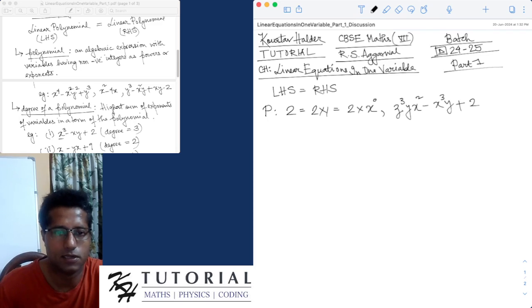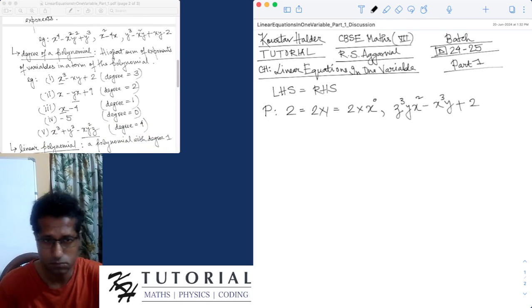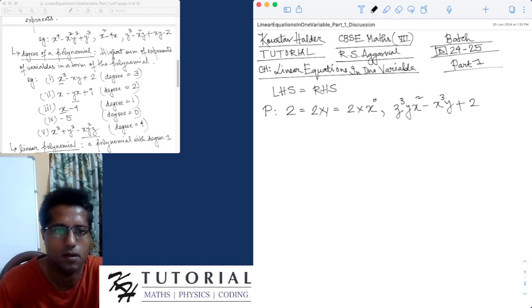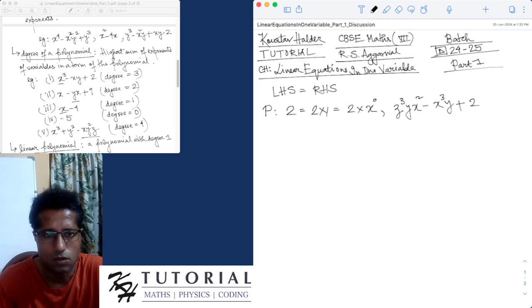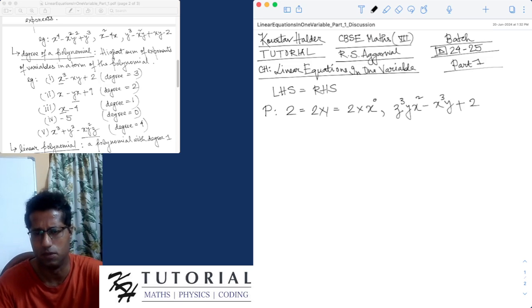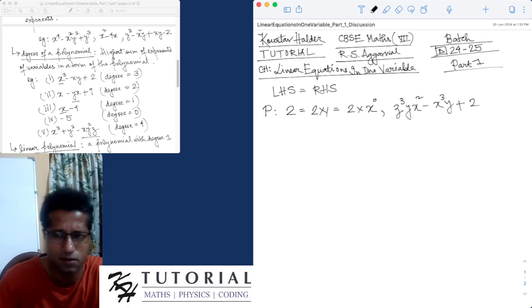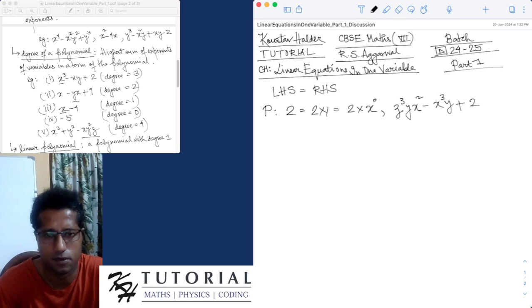Now we need to understand the term degree of a polynomial. What is the degree of a polynomial? You consider the sum of exponents of all the variables in a term. You consider all the terms in a polynomial. A polynomial is nothing but an algebraic expression where we have one or more terms.